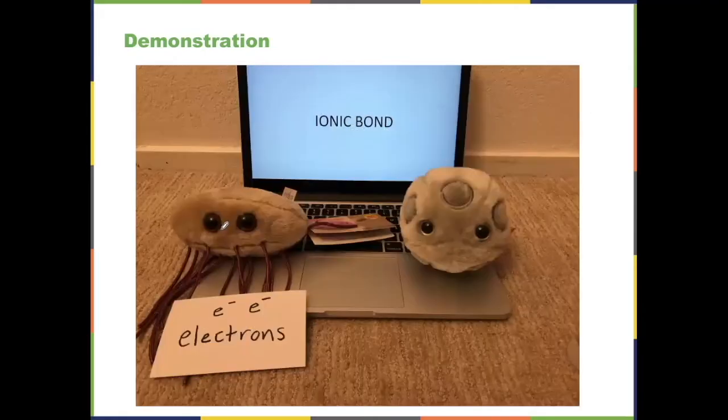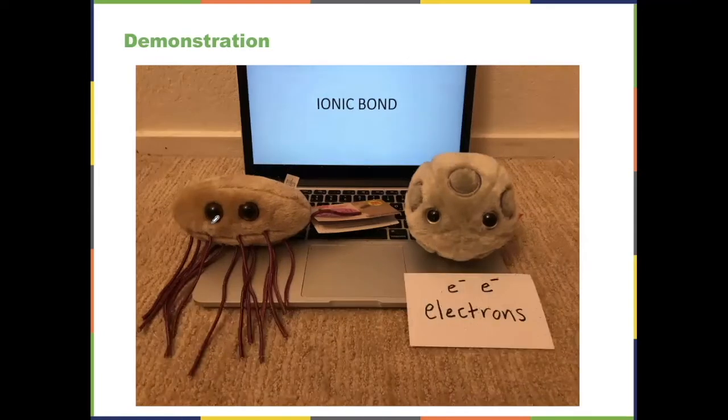So here I'm going to show you what happens when an ionic bond forms. Let's say we've got two different individuals here who are representing two different atoms. This atom here has some extra electrons that it doesn't really want. So it could give those electrons away to another atom.